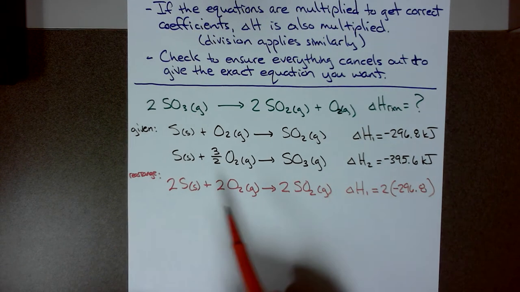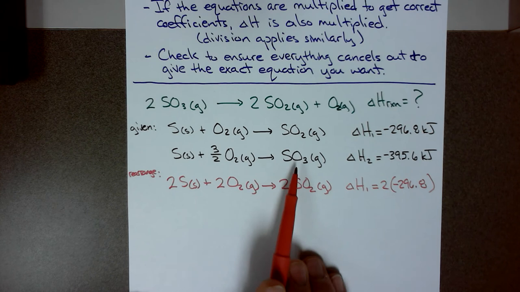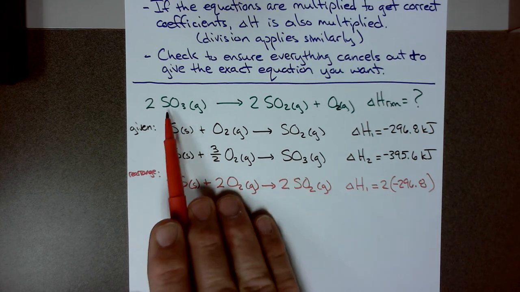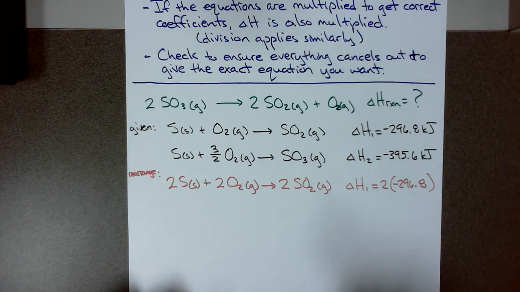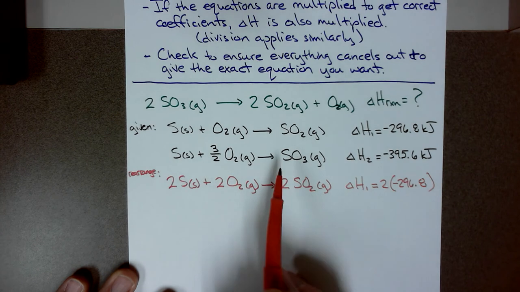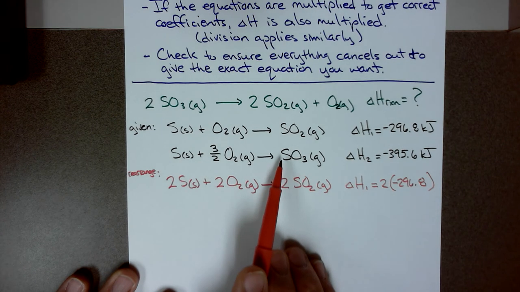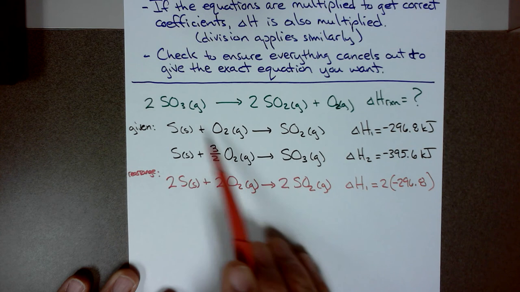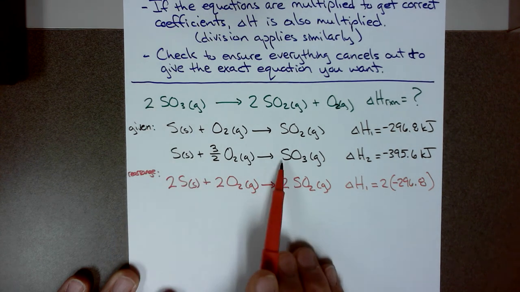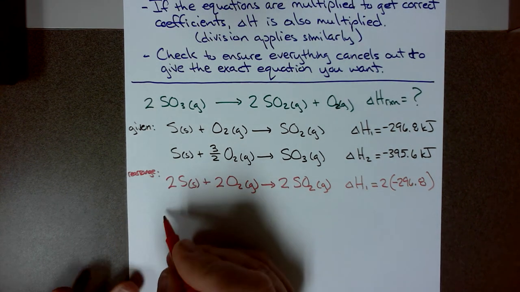Let's look at the other one. I need my sulfur trioxide. Here it's a product. I need it on the reactant side, so I have to flip it. And not only do I have to flip it, but I also have to multiply everything by 2 because I want 2 moles and I only have 1 mole. So I'm going to flip it and multiply by 2.